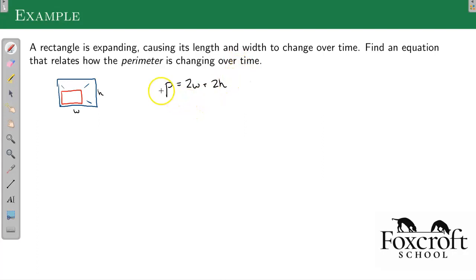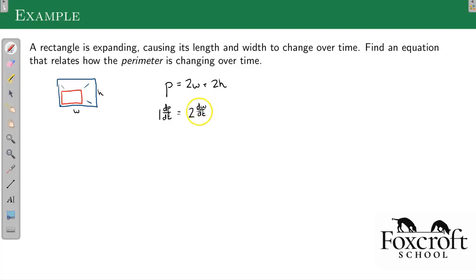Now we can take the derivative of this perimeter equation, and we're going to figure out how all of it's changing. So the derivative of p is just 1, but it's not time. We're taking everything with respect to time, so we're going to get dP/dt. This is the change in my perimeter over time. And the derivative of 2w is 2, and the derivative of w with respect to t is dw/dt.